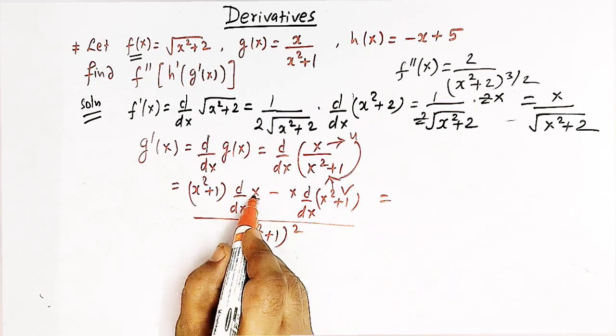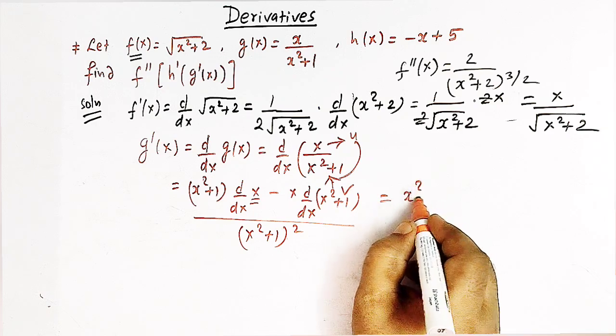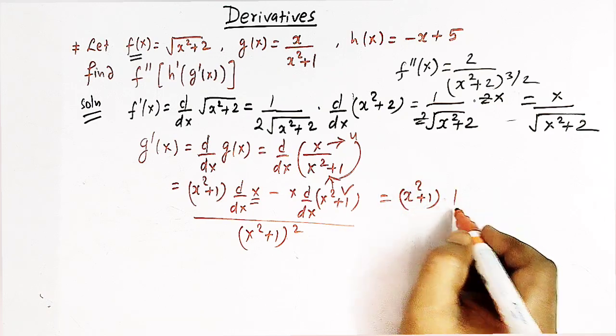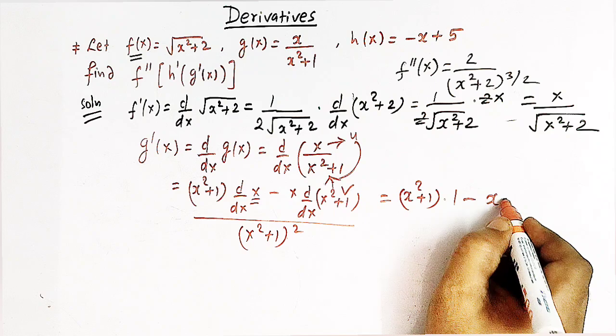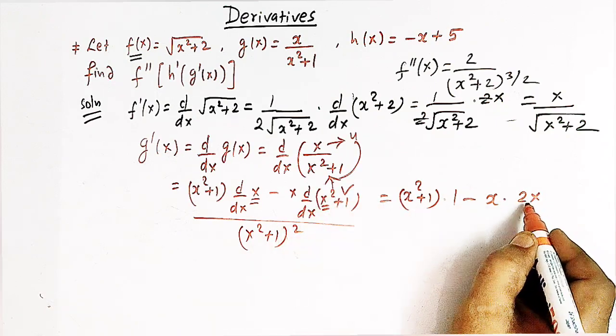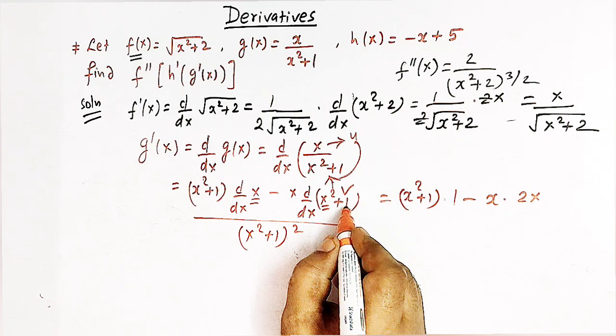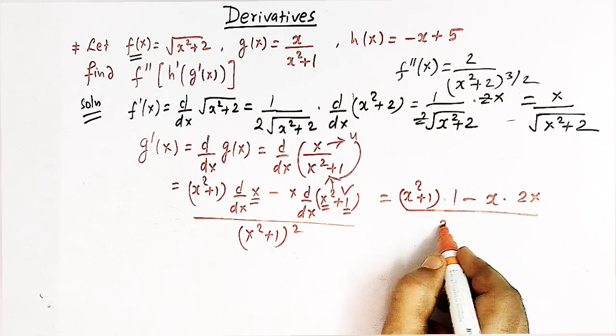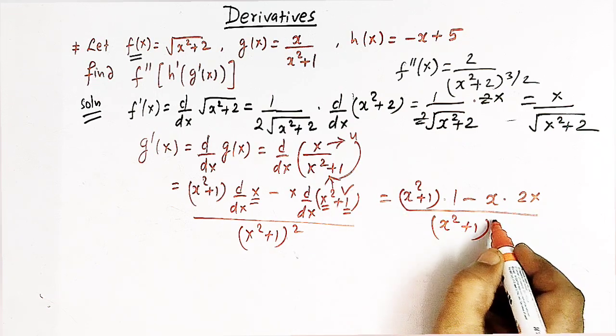So the derivative of x is 1, so we have x square plus 1 times 1 minus x times 2x. The derivative of x square is 2x, derivative of 1 is 0 being a constant, and here we have x square plus 1 whole square.